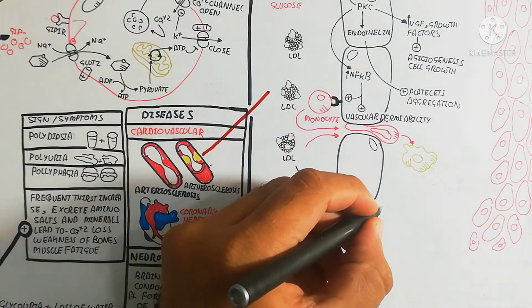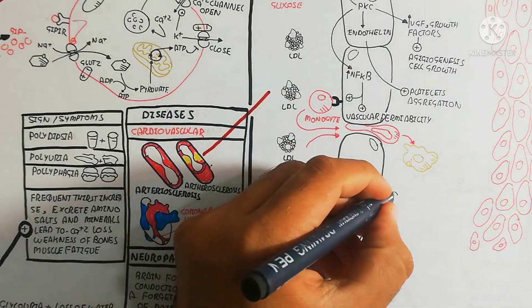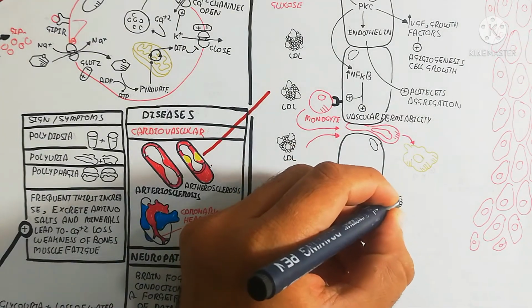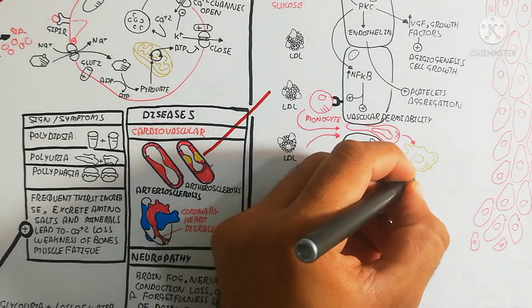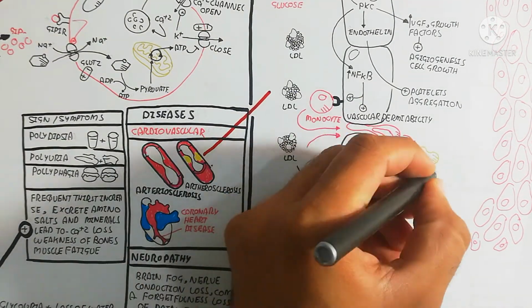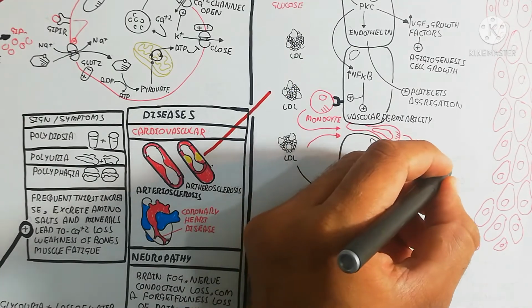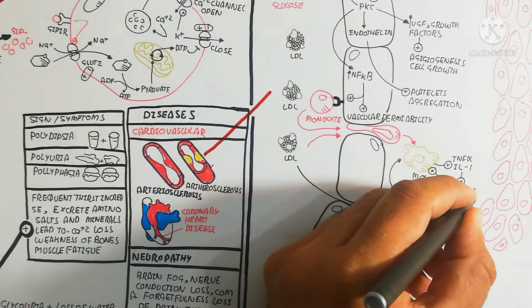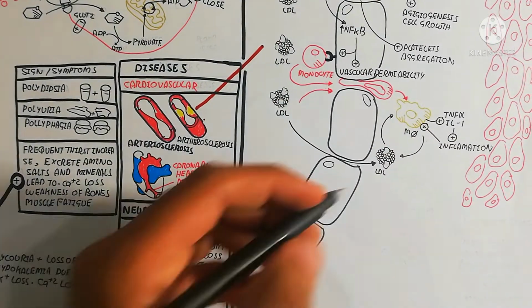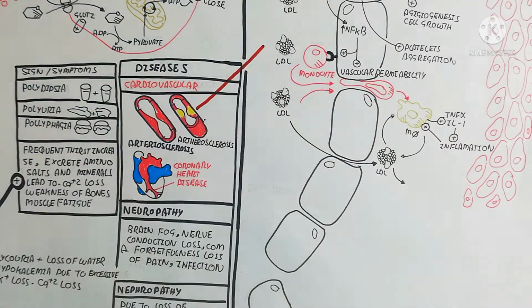Reactive oxygen species will be produced from the advanced glycosylated products, AGP, and will damage the endothelium.